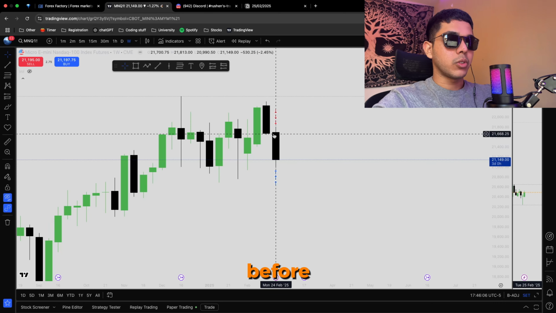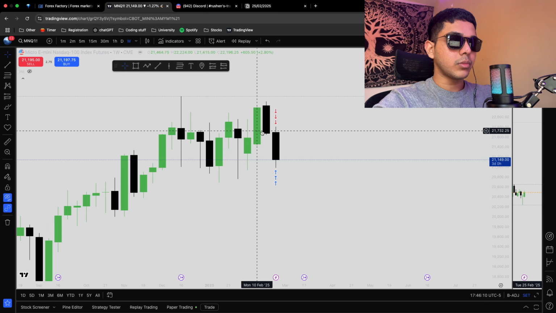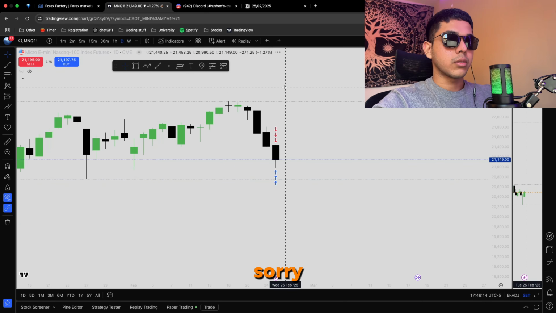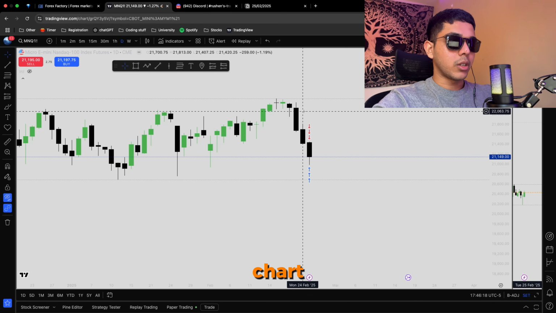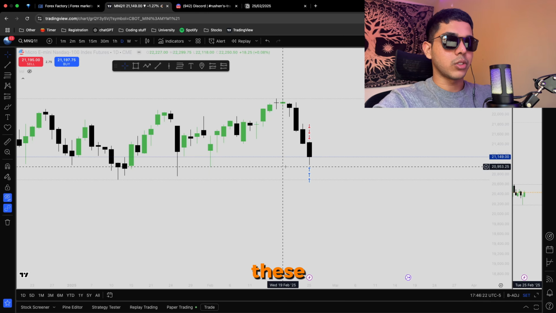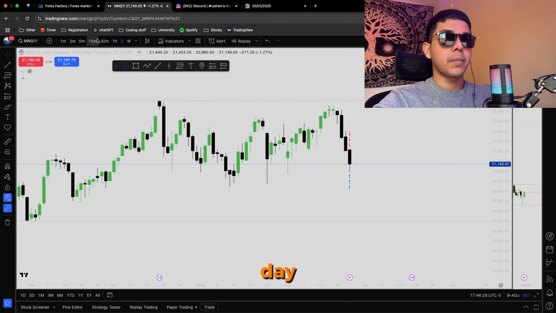So before this candle formed today, this is what we had. This is the daily chart. On the daily chart yesterday, it was pretty clear that it was going to go down and touch these levels, is what I had in mind. So I was bearish for the day.